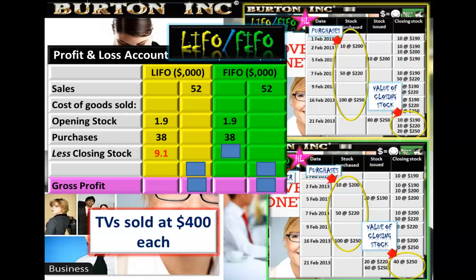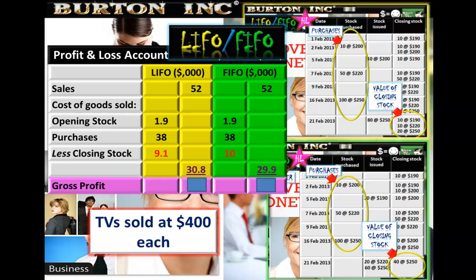Across to the FIFO side, we've got 40 TVs in stock. These are the newer ones at $250. So 40 at $250. That'll leave us with $10,000 in closing stock. Do our sums for our cost of goods sold. Opening stock plus purchases minus closing stock will leave us with $30,800 under LIFO and significantly less under FIFO at 29.9, the cost of goods sold.